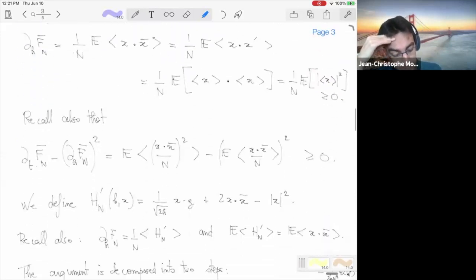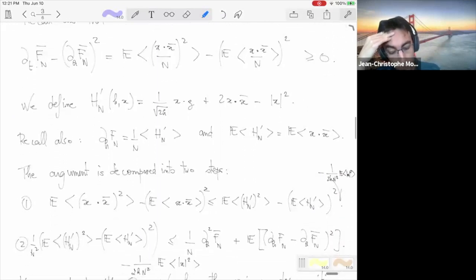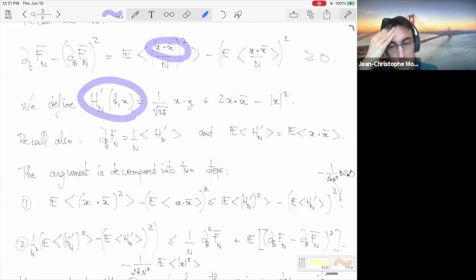And the way we did it, we found some convenient proxy. Instead of focusing on x dot x bar, we thought maybe it's useful to think first about this guy Hn prime.